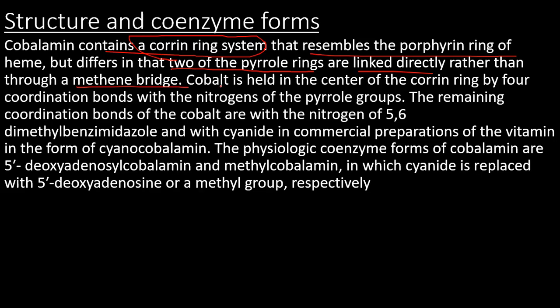Then at the center we have cobalt, like in heme we have iron, and in chlorophyll we have magnesium. Here it is cobalt at the center of the corrin ring. It is held by four coordination bonds with nitrogens of the pyrrole rings.